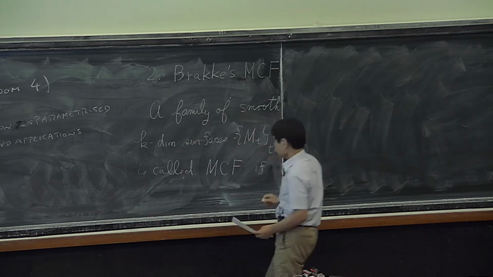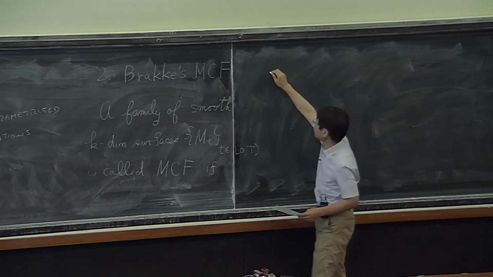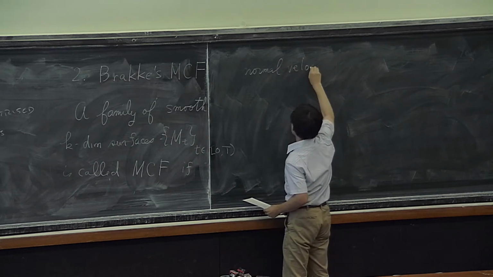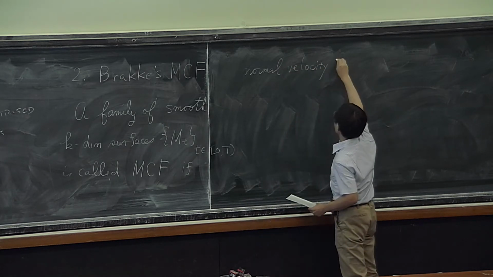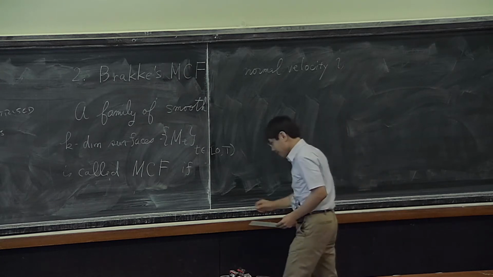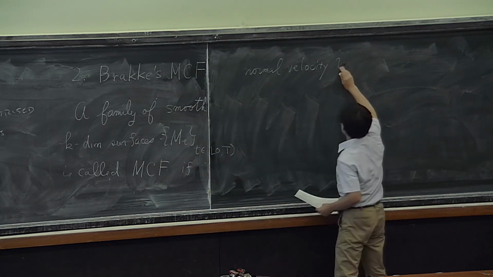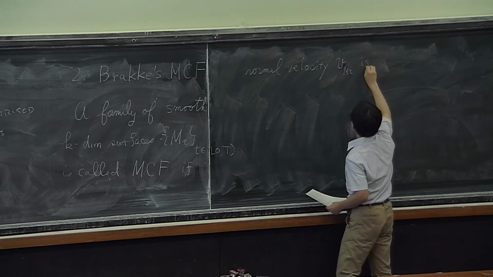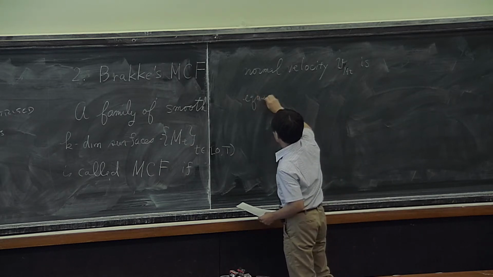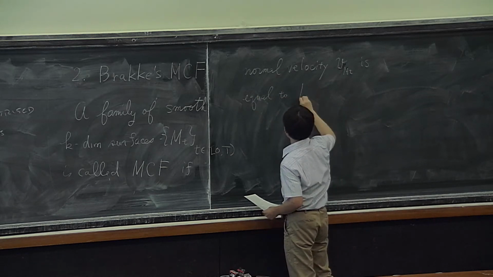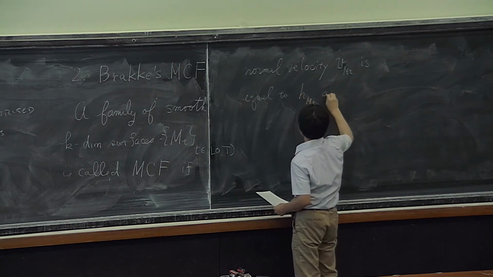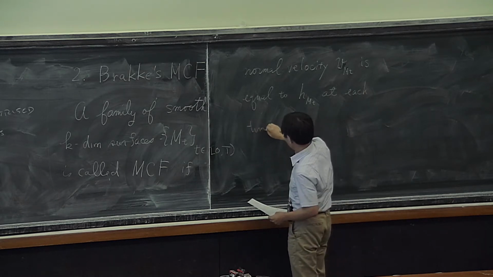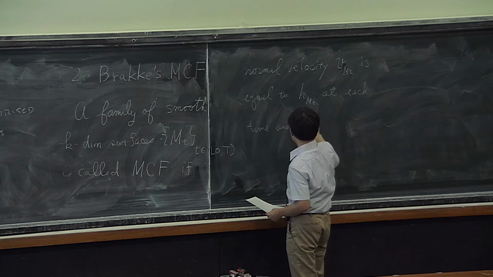If the normal velocity, let me write the normal velocity as V(M_t), is equal to the mean curvature of M_t at each time and at each point.